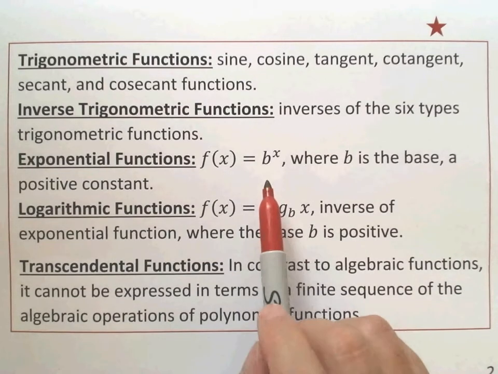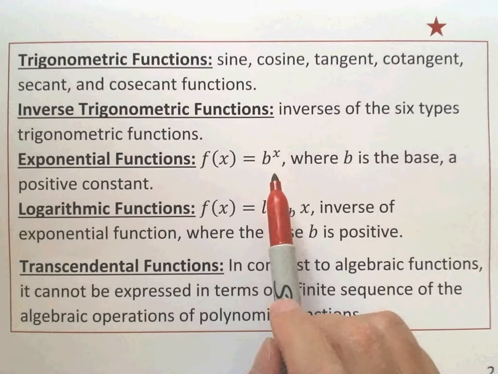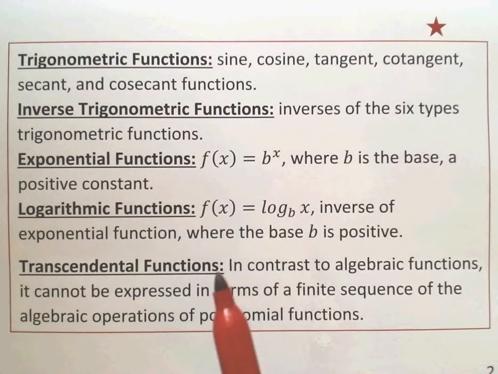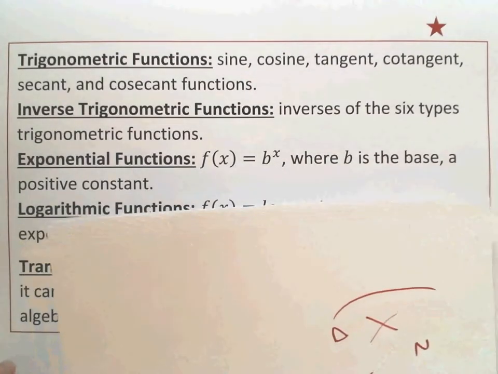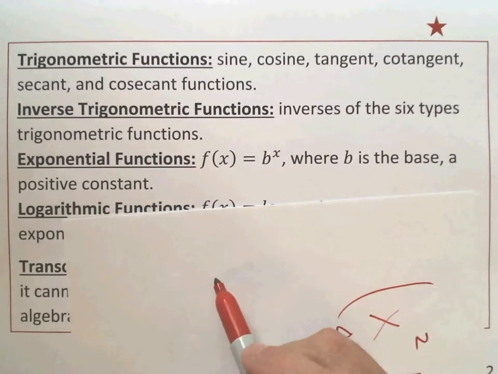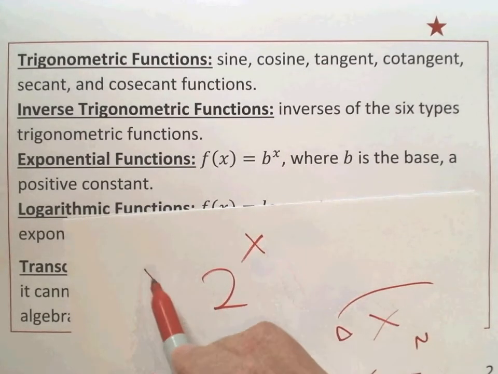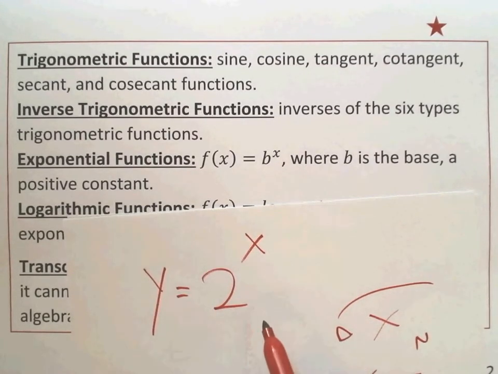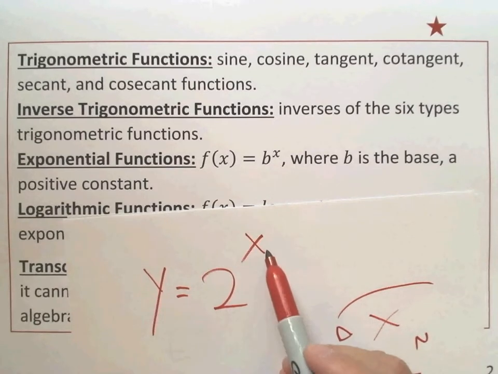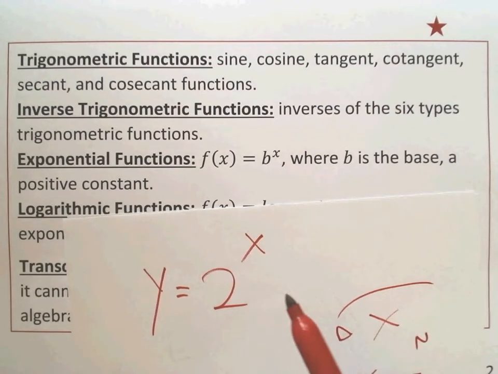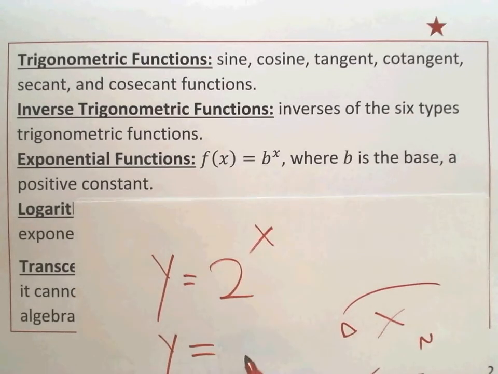One note you have to pay attention to. I'll give you an example. If I say 2 raised to the x, this is an exponential function because the exponent is the variable. However, if we write y equals x squared, don't think that this is an exponential function.